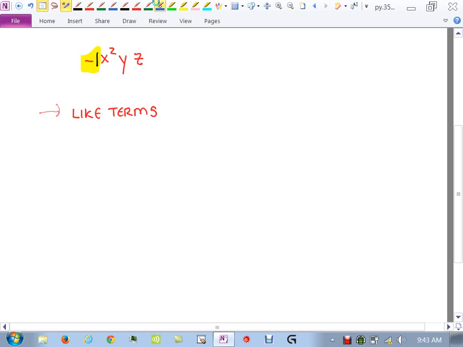Like terms have the same variables. Now, when I write variables, what do I mean? Letters. Same letters, raised to exactly the same powers.